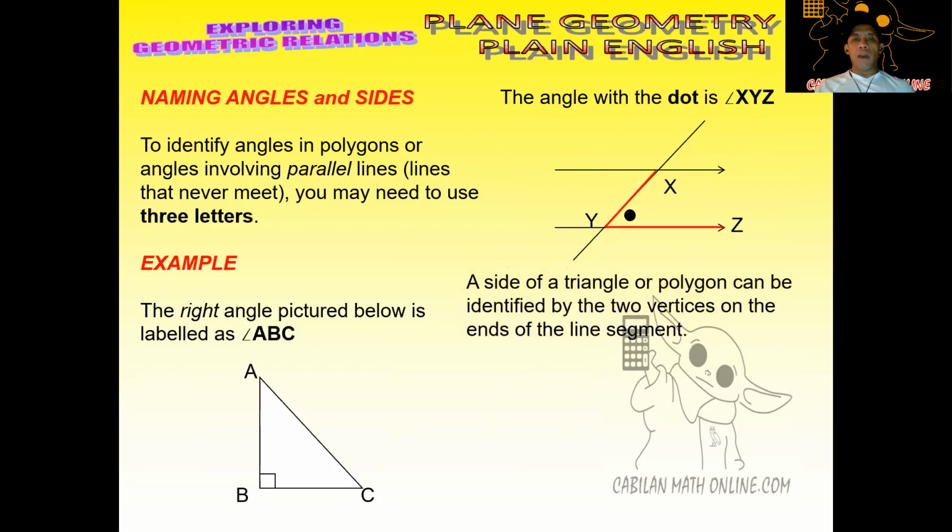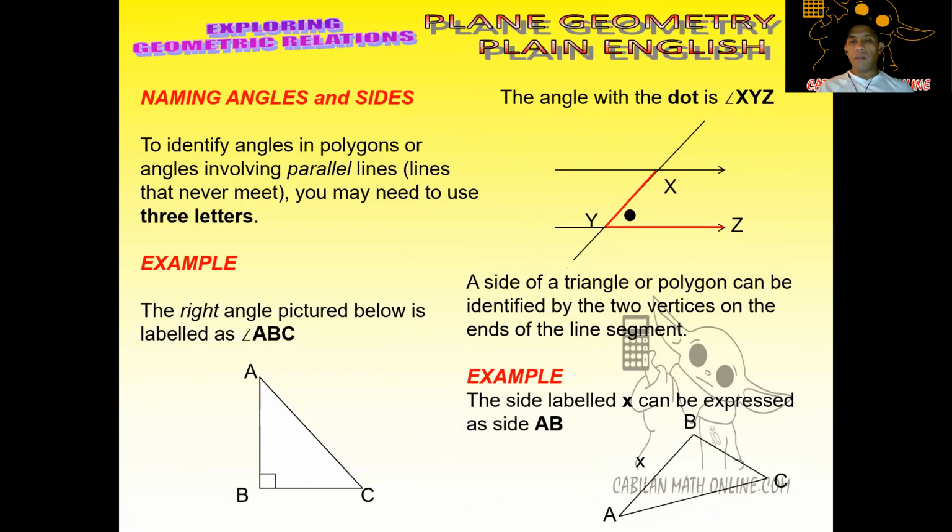The side of a triangle or polygon can be identified by the two vertices on the ends of the line segment. If I label a line segment using two letters and want to express it as one, notice that I've labeled that as X, and X is the same thing as line segment AB. So there are a couple of conventions you can use when labeling the length of sides or the sides in general.